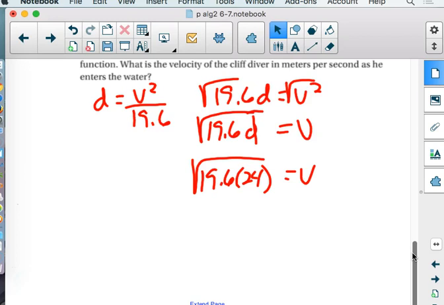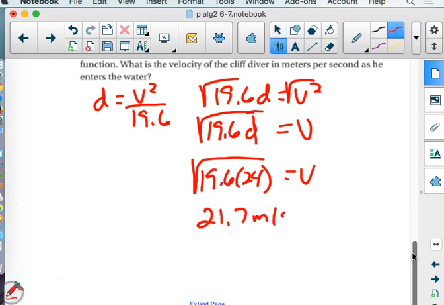Second square root, 19.6 times 24, 21.7 meters per second. Ouch! That's hitting the water pretty doggone fast.